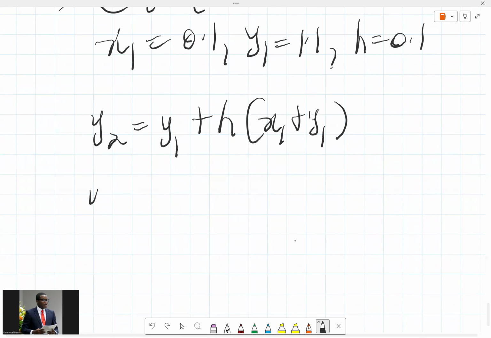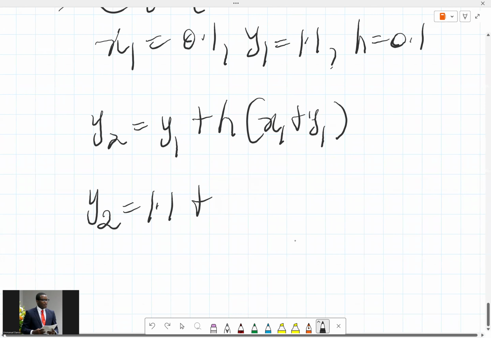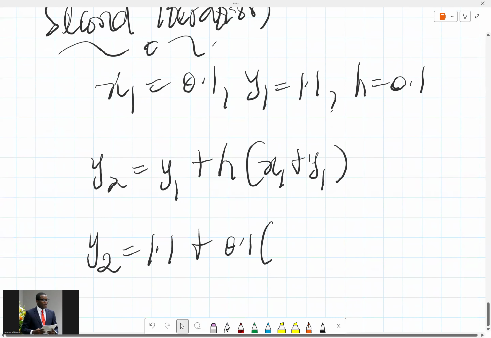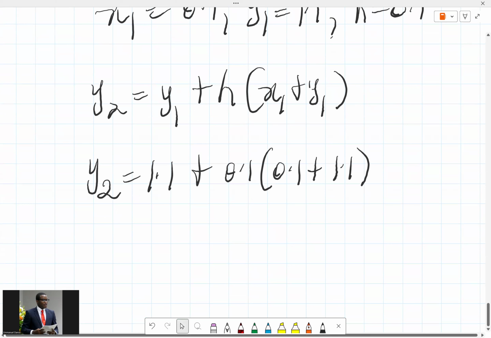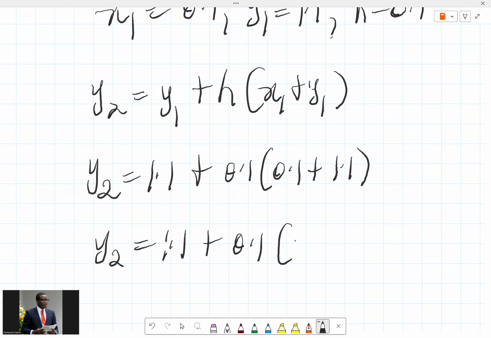So if that is the case, y2 now is equal to 1.1 plus 0.1 into x1, which is 0.1, plus y1, which is 1.1, like that. So we have y2 equal to 1.1 plus 0.1 into 0.1 plus 1.1, that's 1.2.